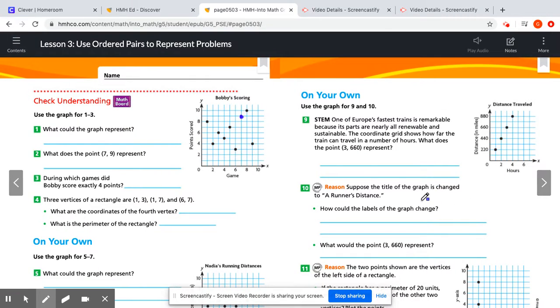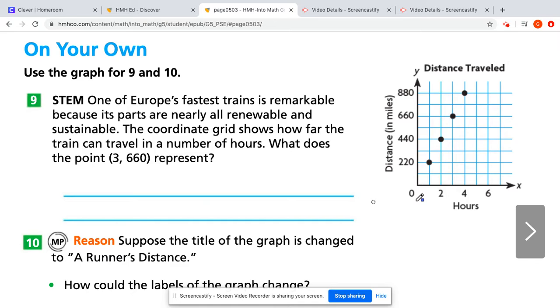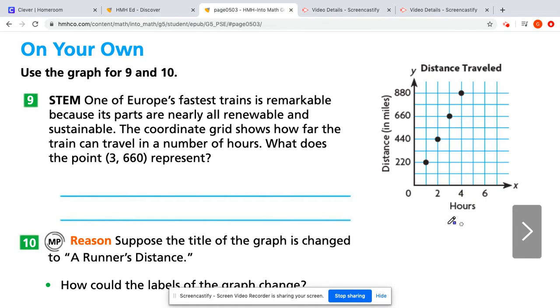Okay, so moving on over here, it asks about one of Europe's fastest trains is remarkable because its parts are nearly all renewable and sustainable. So that part doesn't seem important to me for my WIC. I don't need that to solve the problem. The coordinate grid shows how far the train can travel in a number of hours. Okay, so here it talks about hours, the distance it travels in miles, and the distance traveled.